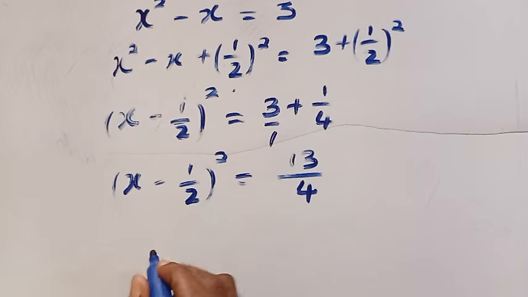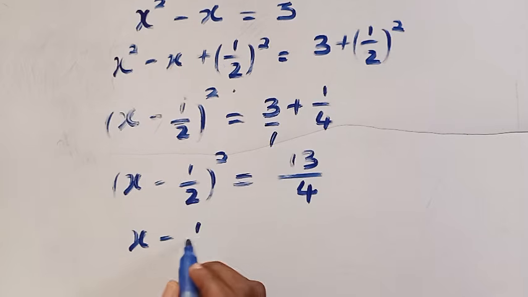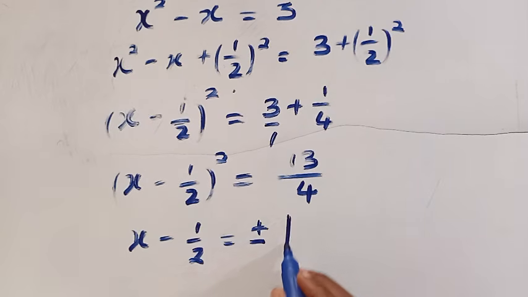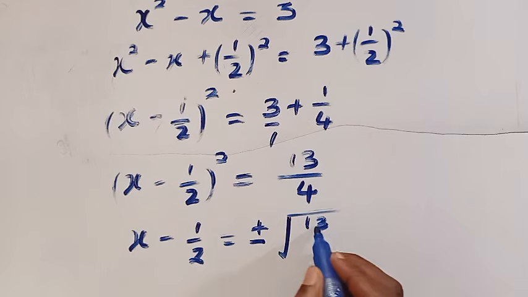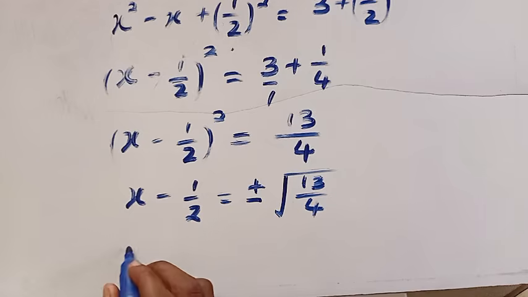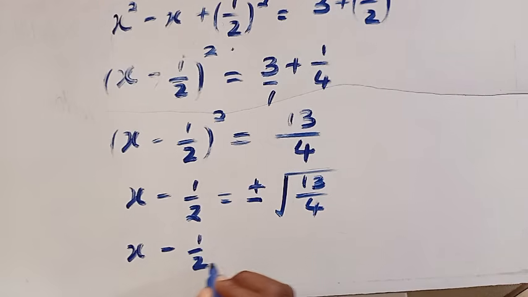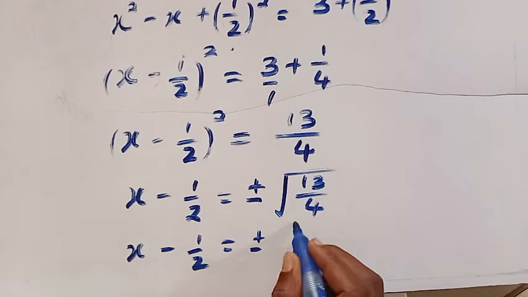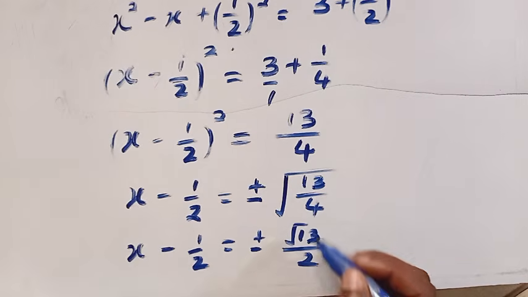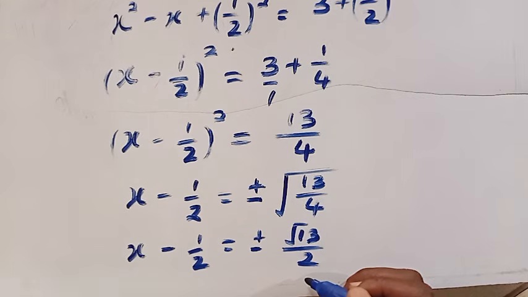Then we take the square root of both sides, so that we have x minus 1 over 2 equals plus or minus the square root of 13 divided by 4, which is plus or minus square root of 13 divided by 2. The square root of 4 gives us 2.